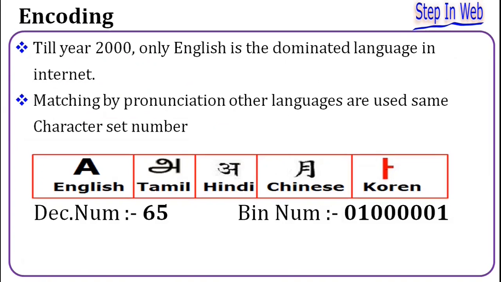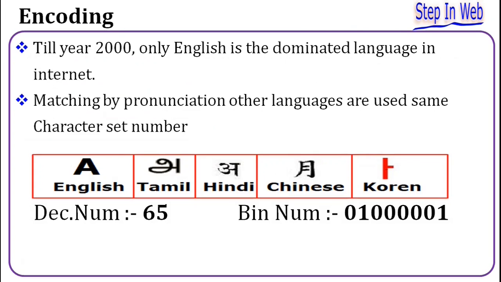Until the year 2000, English was the dominant language in the entire internet world. At that time, all the countries started to develop their own languages for web applications and websites. That is when a lot of confusion started, because we only have 256 characters, and we had to match all our characters within them.